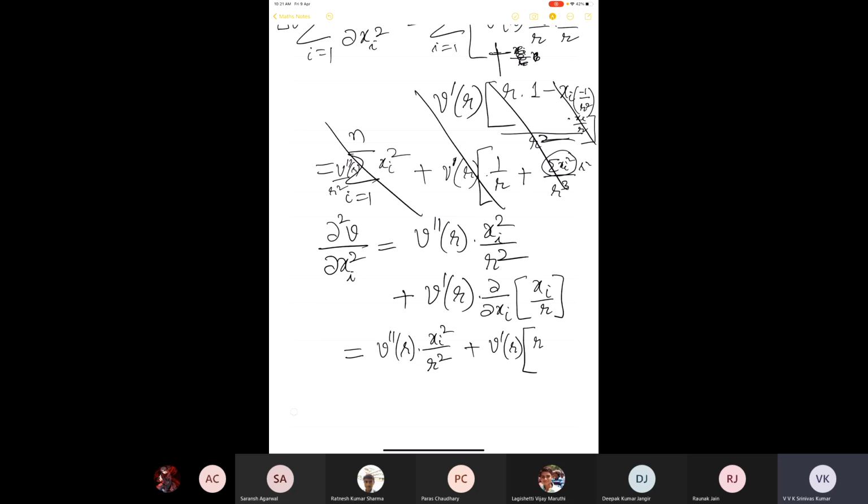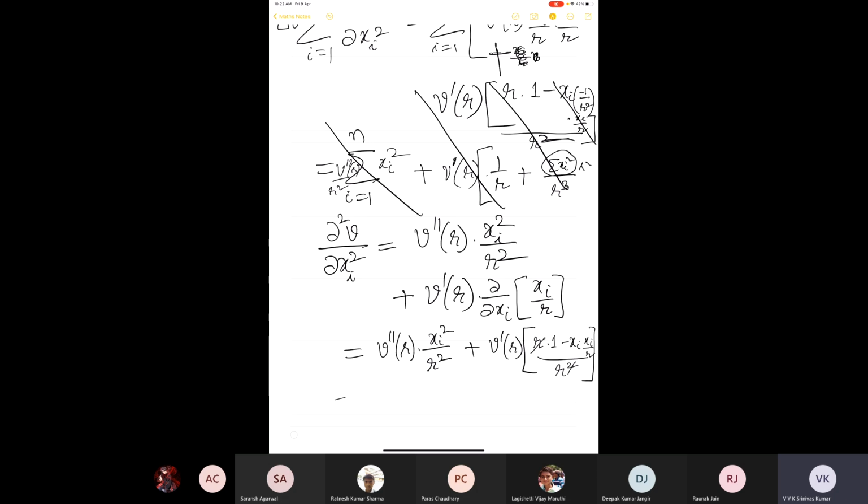First of all, r into differentiation of xi is 1, minus xi into differentiation of r, that is r, upon r square. So this is one. So now here, r is cancelled and xi square upon r is there.